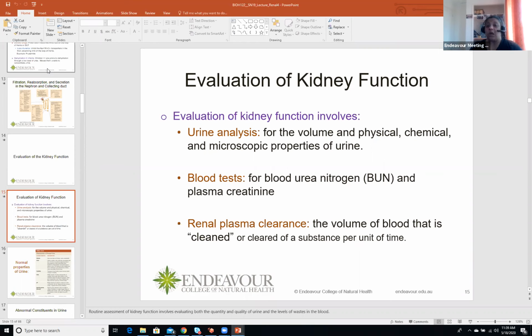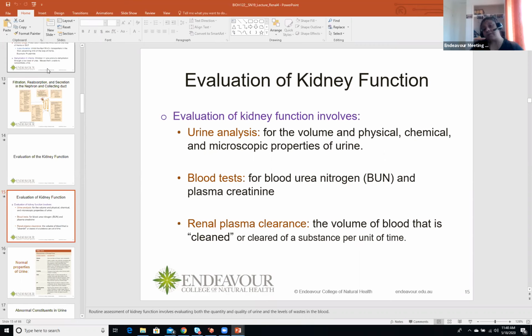We can also do a microscopic analysis, where we look at the microscopic features of the urine that is collected. We look for the presence of any cells, casts, for example red blood cells, white blood cells, casts or parasitic fragments. That's what we measure in microscopic examination of the urine.